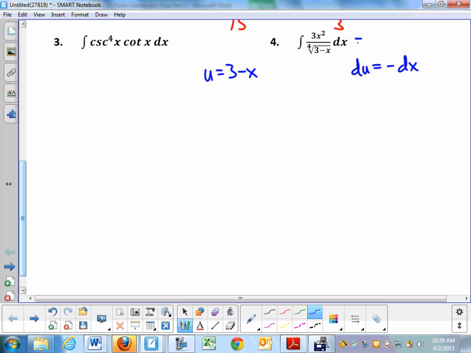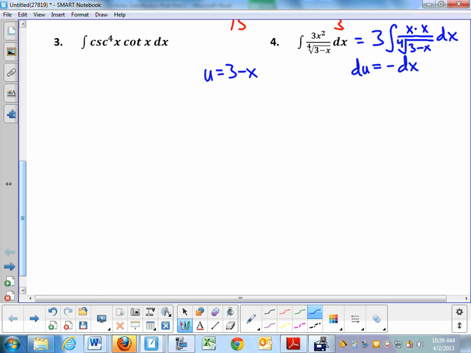So I'm going to rewrite this as 3 times the integral of x times x over the fourth root of 3 minus x dx. You don't have to rewrite it like this; I'm just doing this to help you.